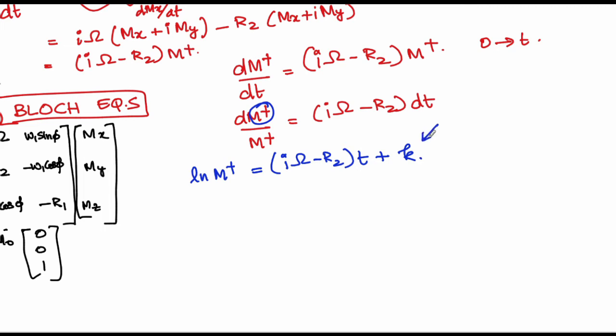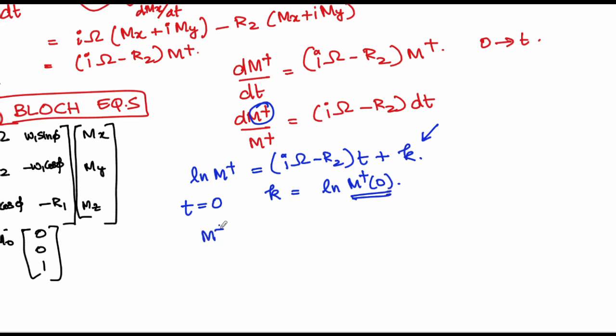Here, the constant k would be determined by the amount of magnetization that was available at time t0. Meaning, let's say you applied a 90-degree pulse at t equal to 0, you're going to have k equal to ln of M plus of 0, the magnetization available at t equal to 0.